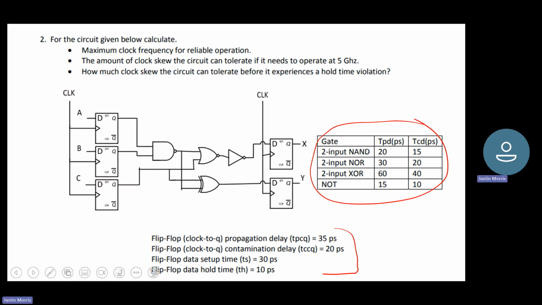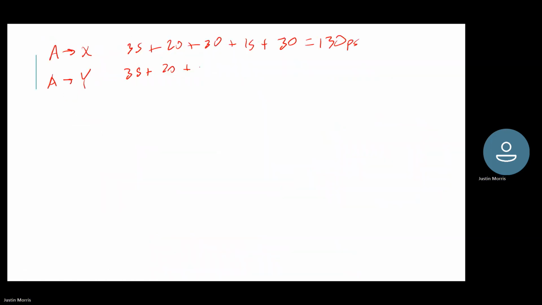And then we go through an XOR gate. So that's 60. And then again, setup. It's 30. And this is 145 picoseconds. So this path is longer. So this one is currently what's defining our maximum clock rate. Because if we satisfy this one, we're satisfying this one, right?